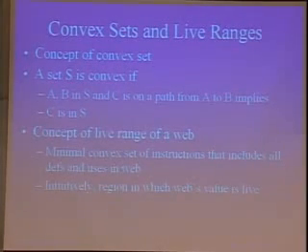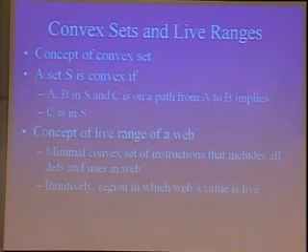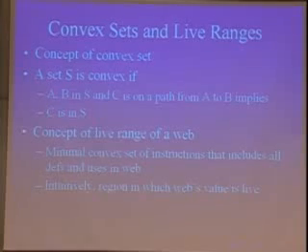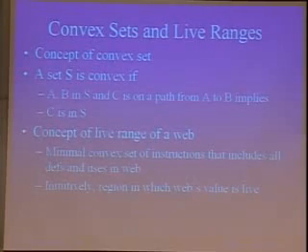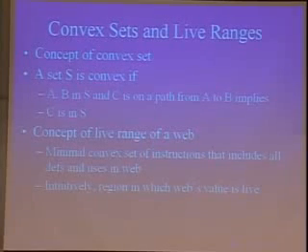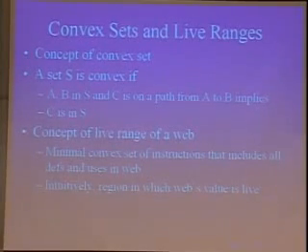And so the minimal convex set of instructions that includes all the defs and uses is basically the live range. What that means is all the definitions and uses, the instructions that do definitions and uses of that web, have to be in the live range. And then any instruction in the middle that passes through also has to be in the live range. Intuitively it's a very simple concept.